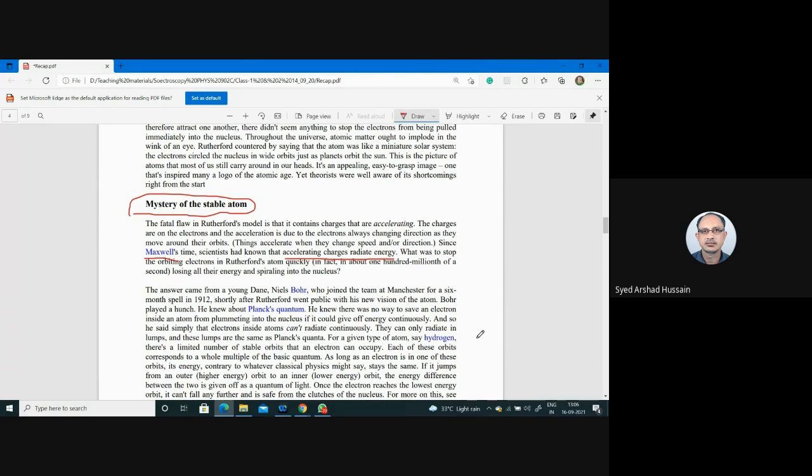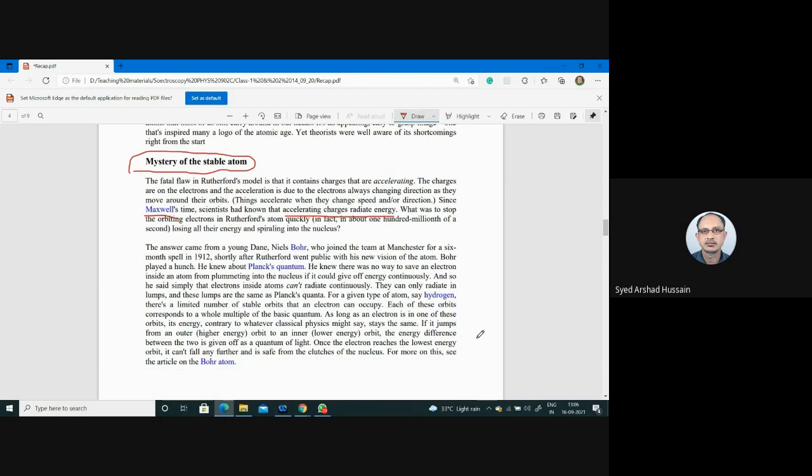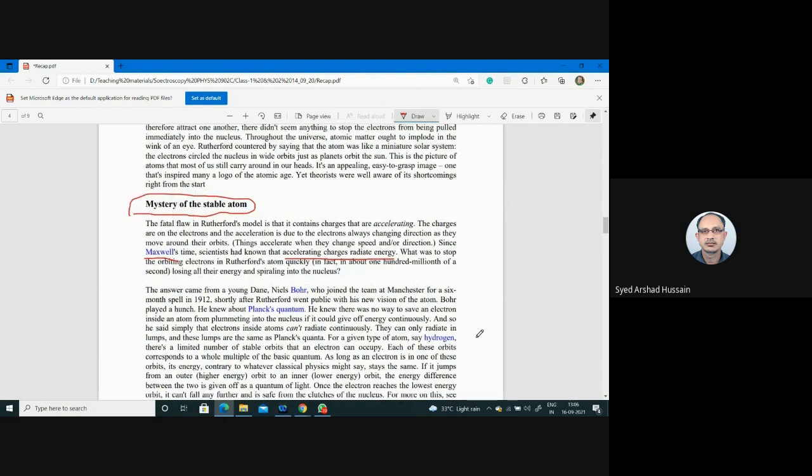So again, the stability of the atom as a whole became a main concern. Okay, so there was a conclusion that either Rutherford's atomic model is defective, or our existing knowledge is, because Rutherford's model is completely based on classical theory.